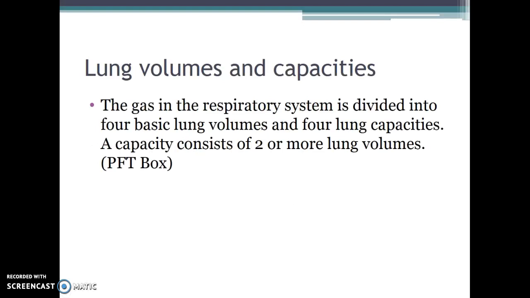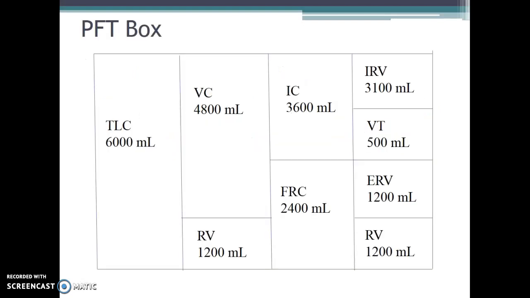All right, so lung volumes and capacities. The gases in the respiratory system are divided into 4 basic lung volumes and 4 lung capacities. And the difference between the volumes and capacities is that a capacity consists of 2 or more lung volumes put together. So we will refer to that as the PFT box. So if you look here, this is the PFT box.